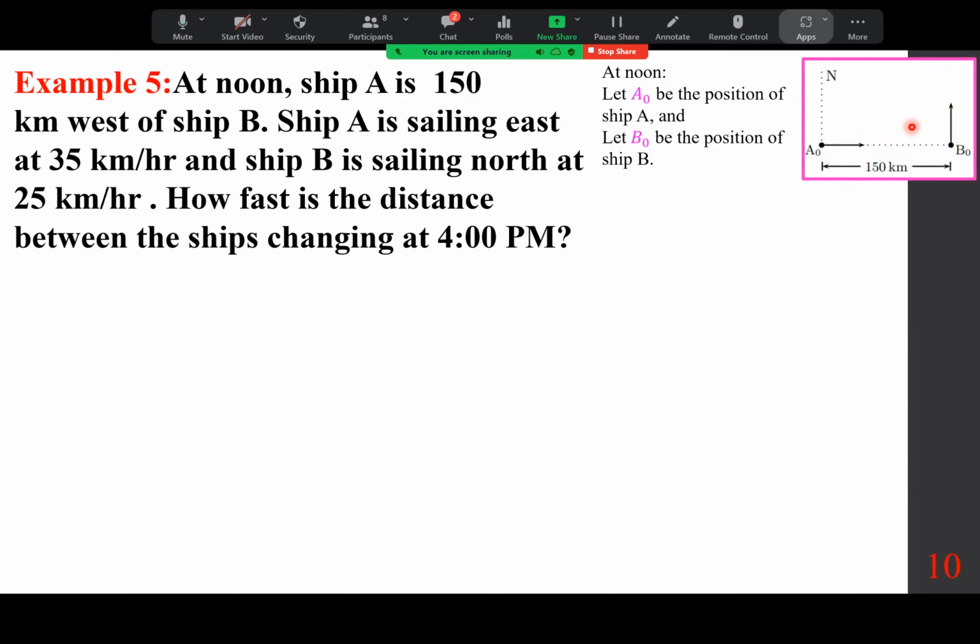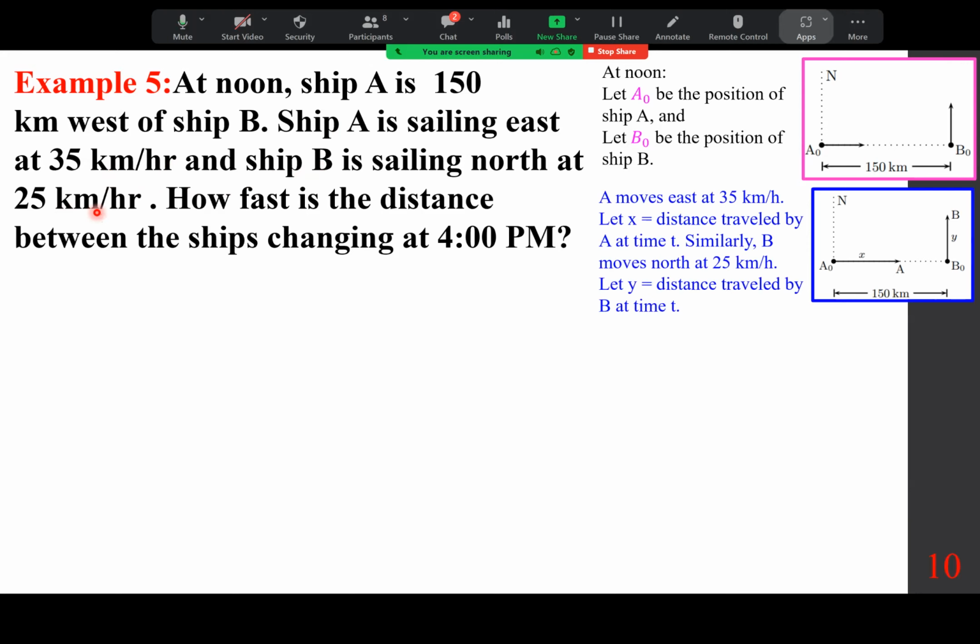So what happens? A is going to move to the right or east. B is going to move up or north, and the speeds are as follows. A is doing 35 kilometers per hour, and B is going to do 25 kilometers per hour. Here's the initial location.